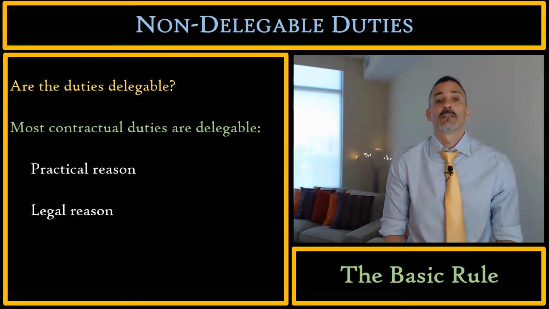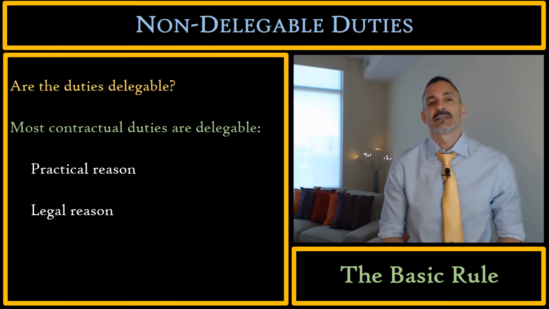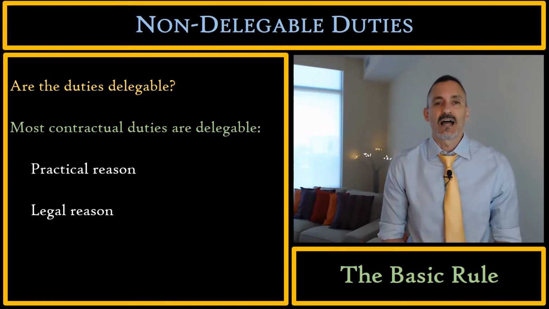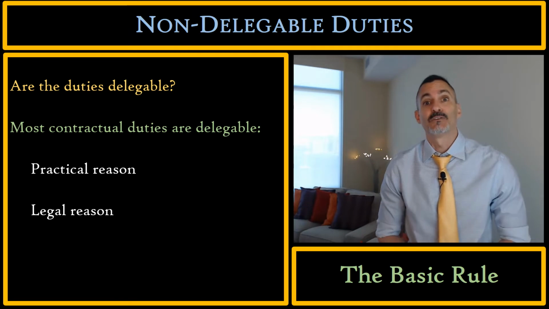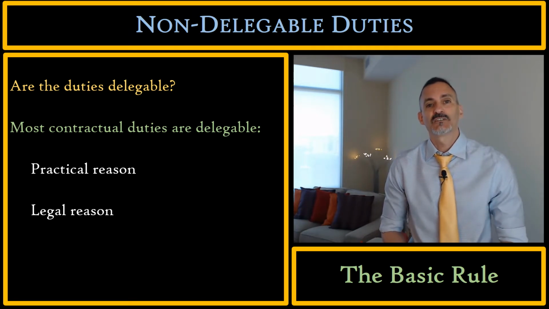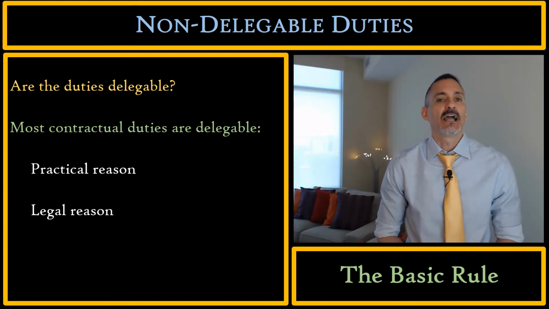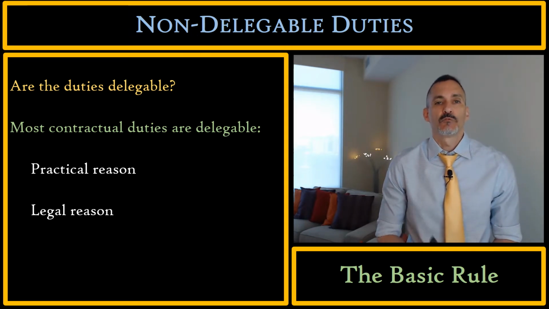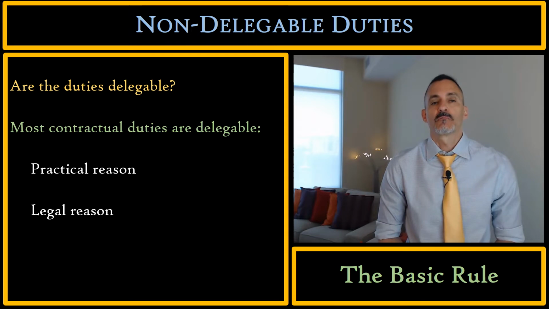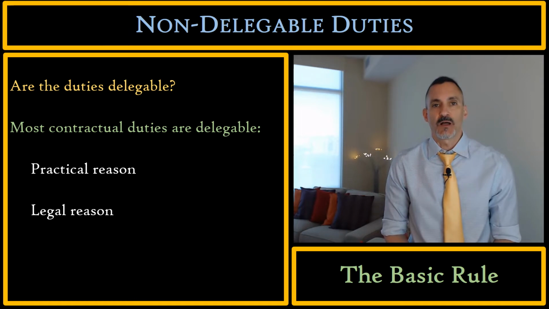The second reason that most contractual duties are delegable is that the obligor who delegates the duties is still liable under the contract. Remember, a delegation of duties is not a transfer of that duty to the delegatee, the third party. It is just engaging that third party to perform in the obligor's stead. If the delegatee breaches the contract or does not perform well, the obligor is still responsible for that.